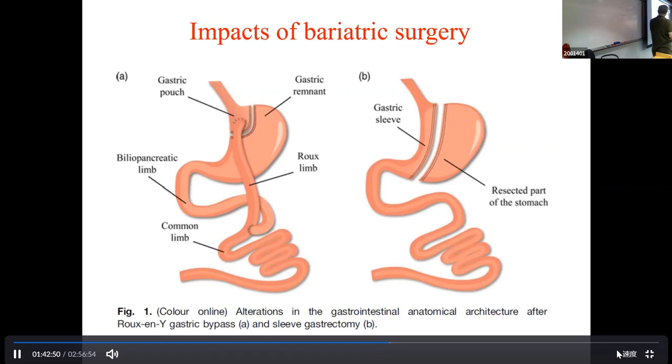Now, remember in the previous lecture, we referred to a terminology called bariatric surgery.